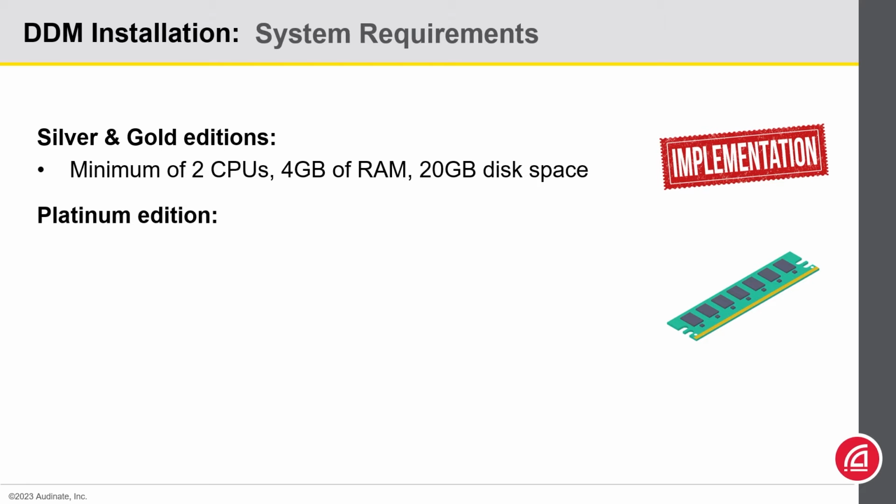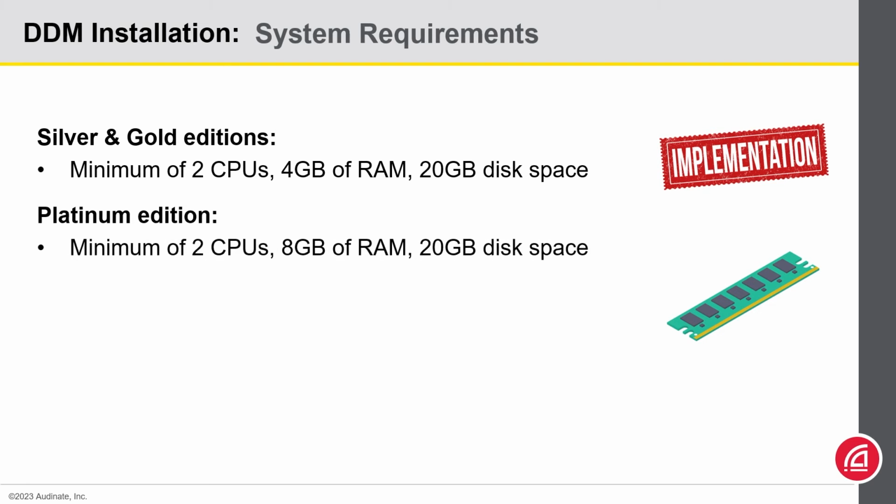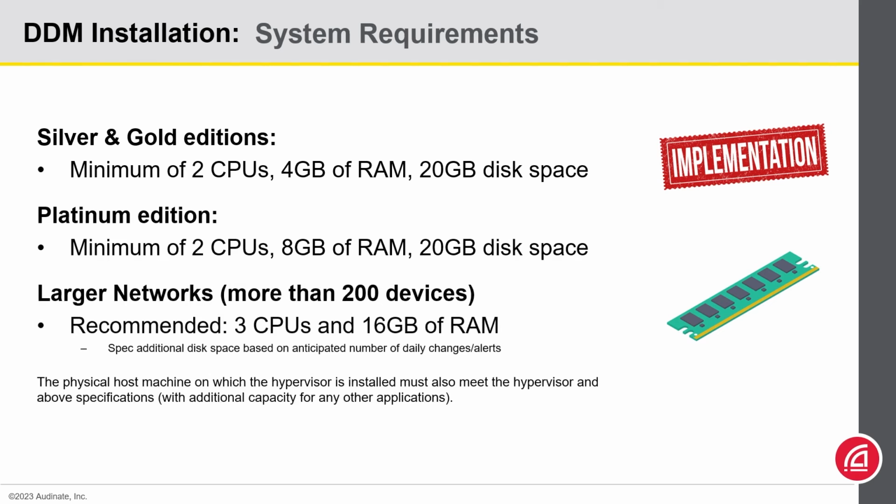The RAM will need to be increased from 4 to 8 GB depending on whether you are using Platinum or the other editions. Larger networks beyond 200 devices will have increased CPU and RAM requirements, which are 3 CPUs and 16 GB of RAM. If in doubt about specific use cases, feel free to reach out to our solution sales team, who will be more than happy to help.